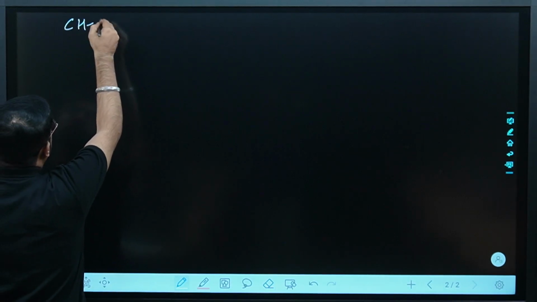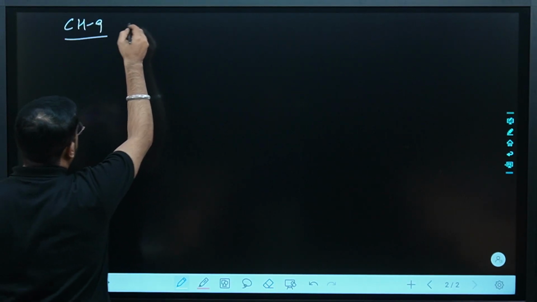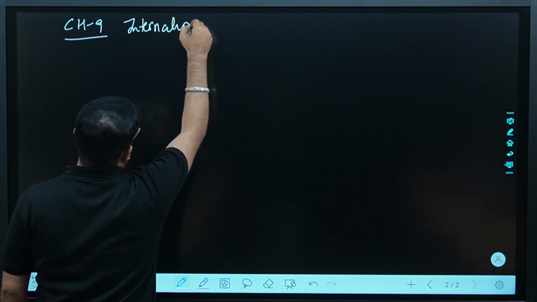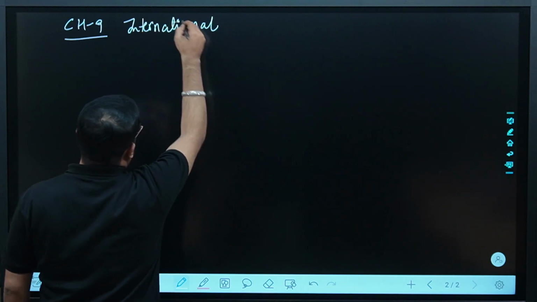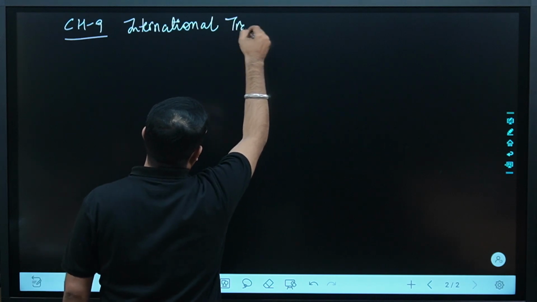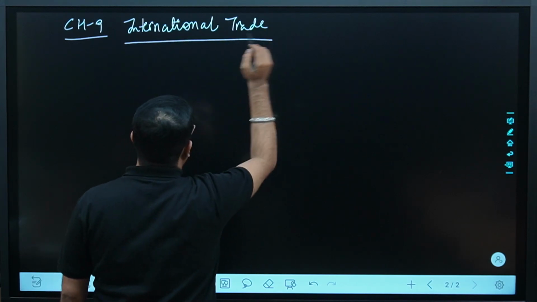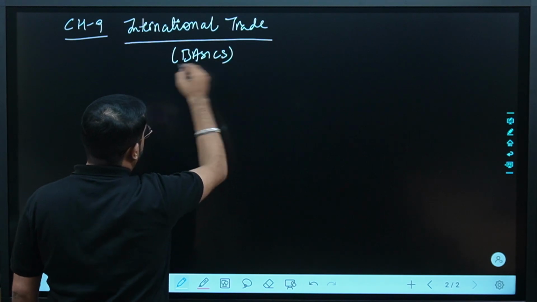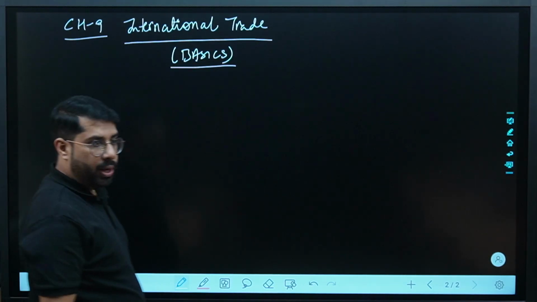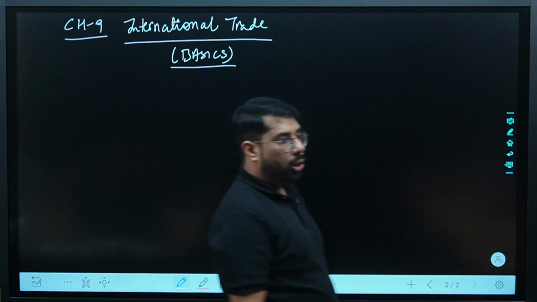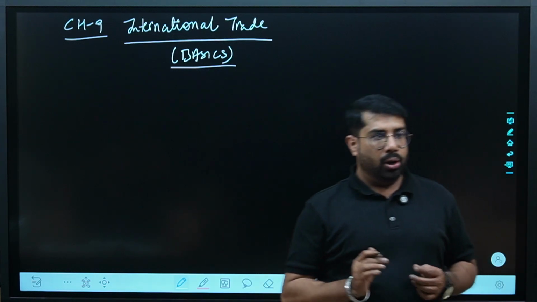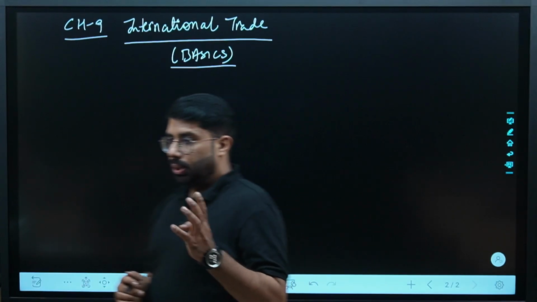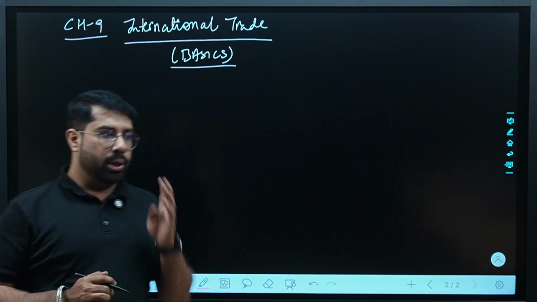Guys, we are going to start with a new chapter now, that is international trade. Today's class will be the basics class where I will tell you the meaning of international trade, and also we are going to discuss four theories related with international trade.